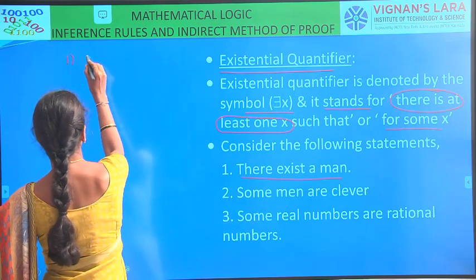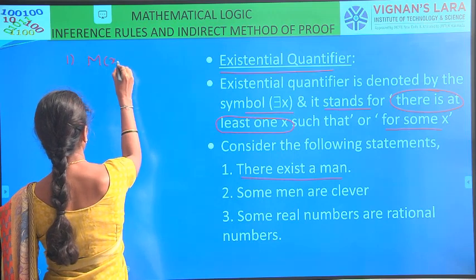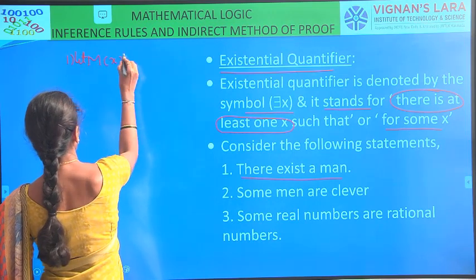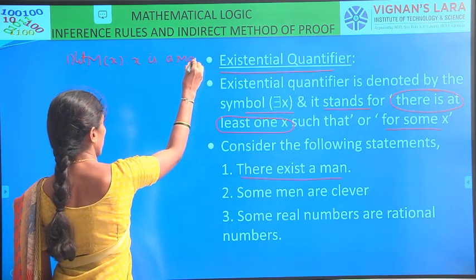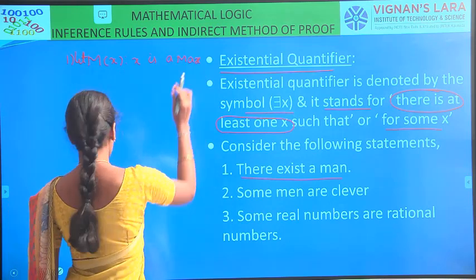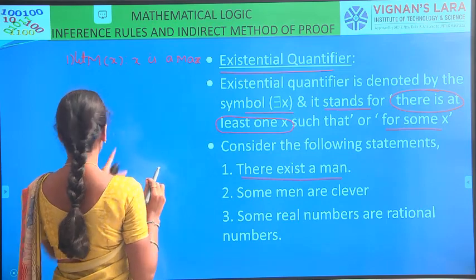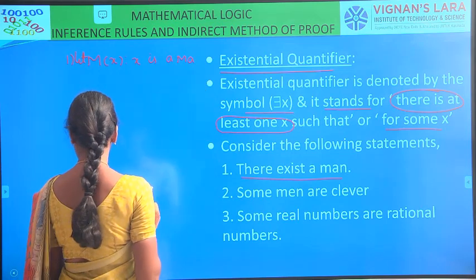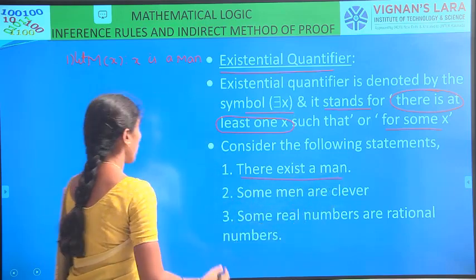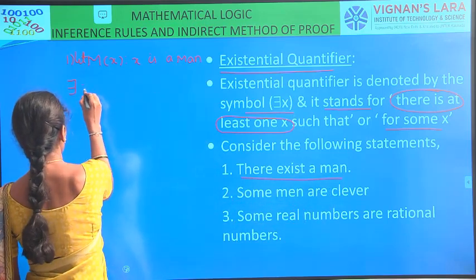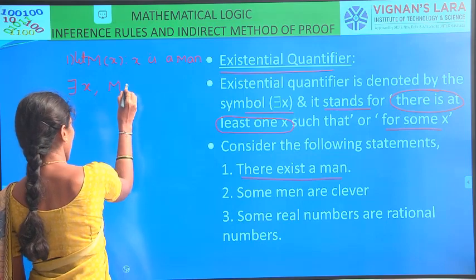Suppose, first one, let m of x represent x is a man. Right? So there exists a man. So there exists x, m of x.